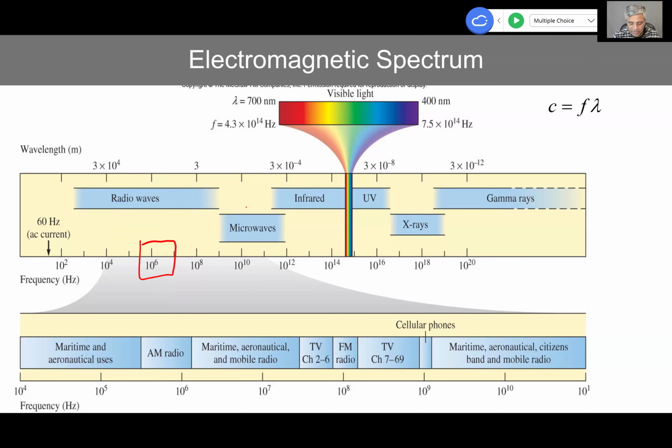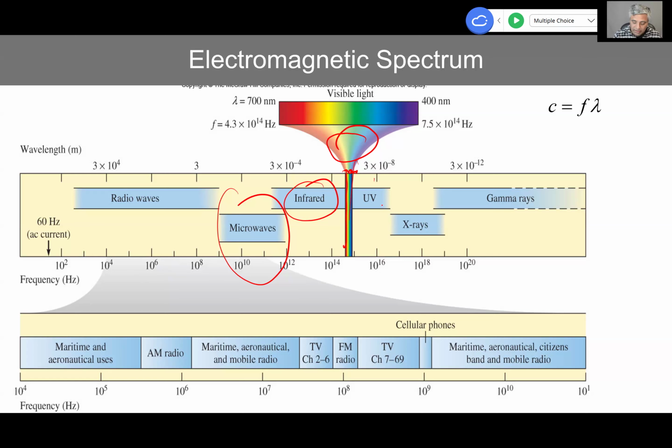Then microwave, the kind we use to warm our food. We don't eat microwaves, but we warm food. That is in this region. After that, infrared, that is the heat radiation. And then comes the visible. This is a very small portion; only a very small portion of the wavelengths can our eye detect.